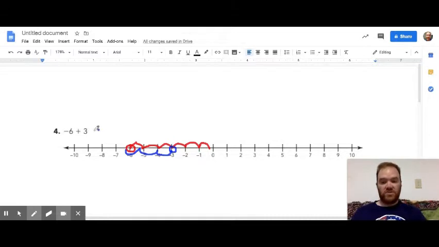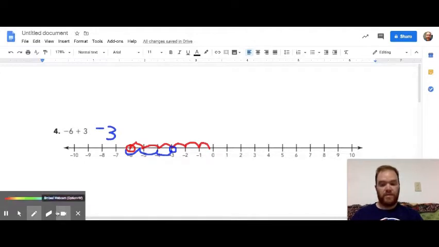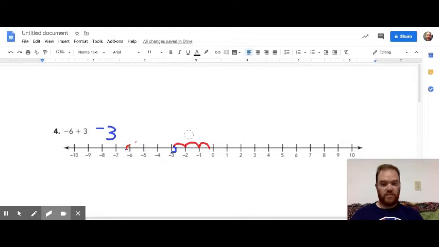So my answer to -6 plus 3 is -3. Pretty simple, pretty straightforward. Start at 0, count to our first number, then add the 3. All right, let's go on to the next problem.